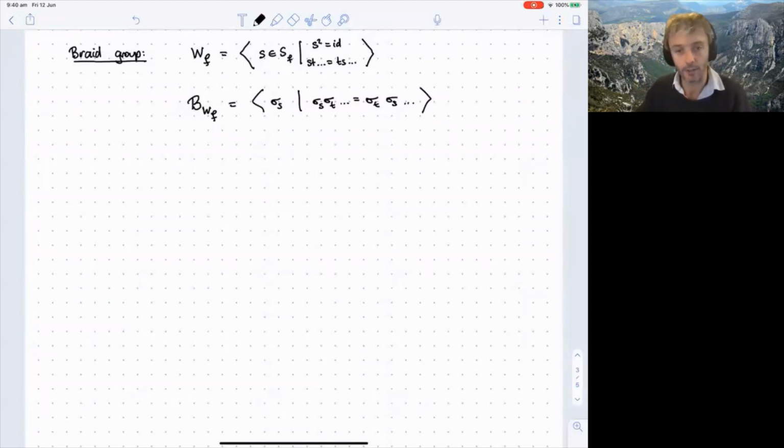I'm sure everyone here is familiar with braid groups by now. So I'll make the standard remark that in type A we get the classical Artin braid group.